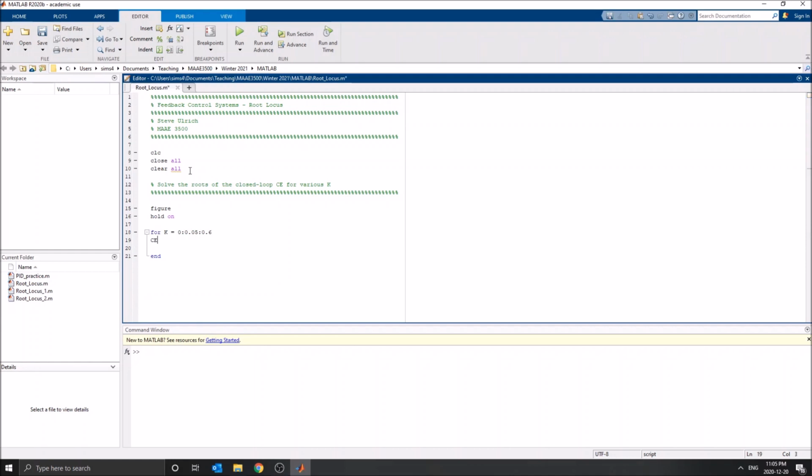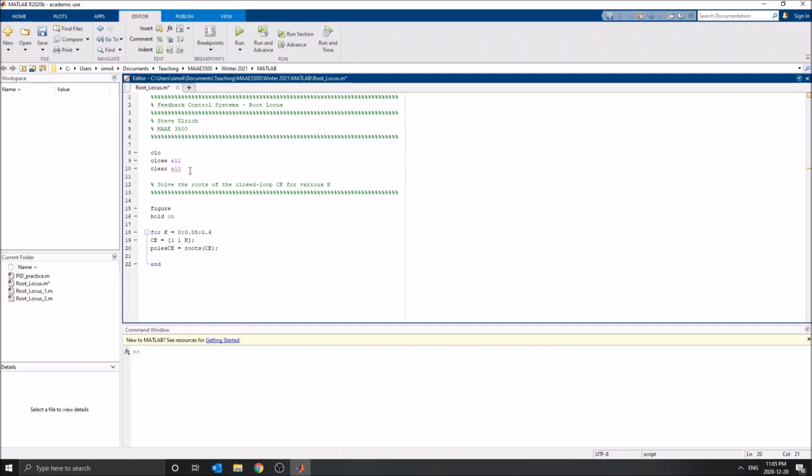So the first thing I want to do is to define the coefficients of the polynomial that corresponds to the characteristic equation of the closed loop transfer function. In our case, it was s squared plus s plus k, to remember the example. Based on this polynomial, I'm now going to find the roots, or the poles, of that characteristic equation, simply using the MATLAB command roots.